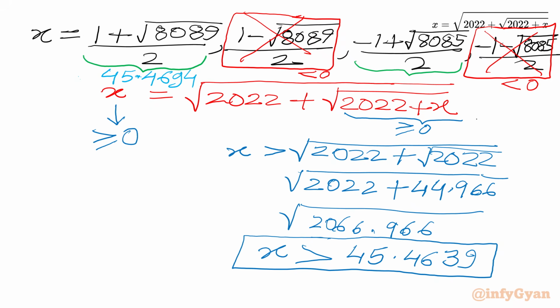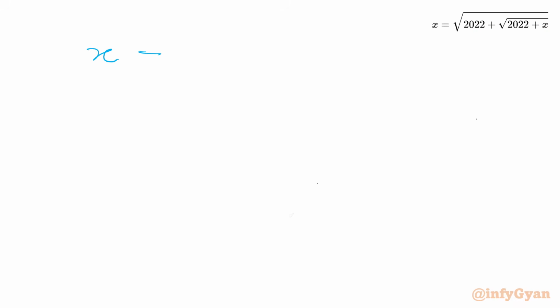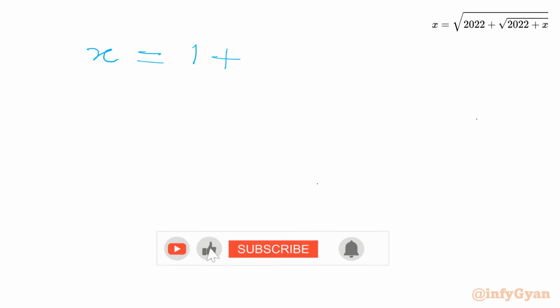And if we find the approximate value of minus 1 plus square root 8085 over 2, it is 44.458. And if we check as per our domain, then this number 45.4694 is greater than 45.4639. So we are going to accept this one and we are going to reject this one. So the only real value of x which will satisfy our equation is x equal to 1 plus square root 8089 over 2.